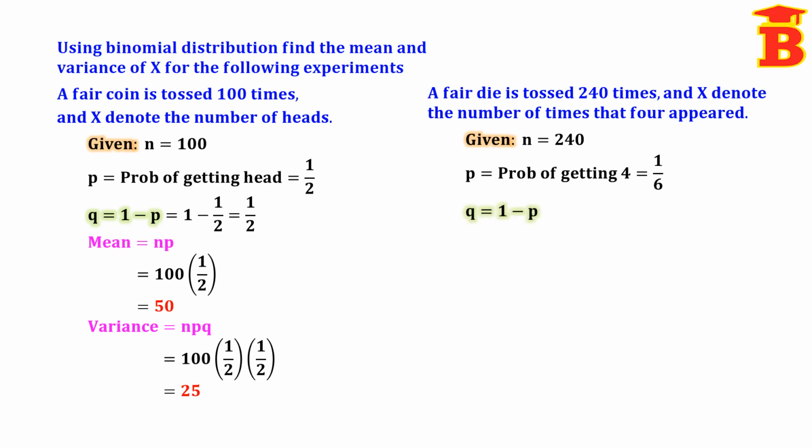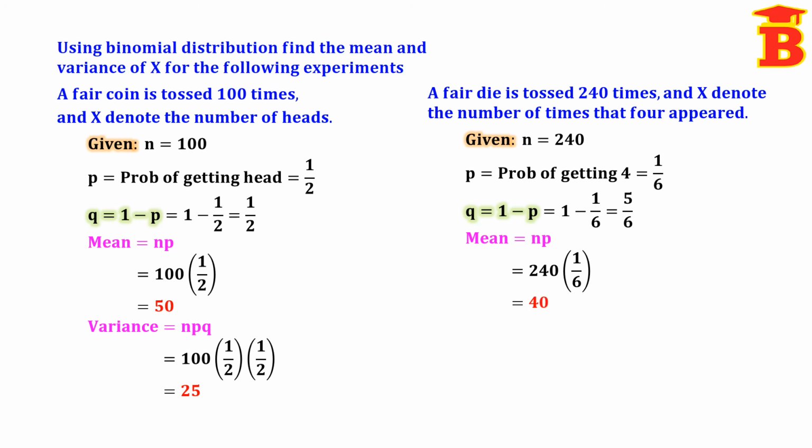And now using the formula q equal to 1 minus p, we can find 1 minus 1 by 6 equal to 5 by 6. Now mean formula np, substitute the values n 240 into p value 1 by 6.